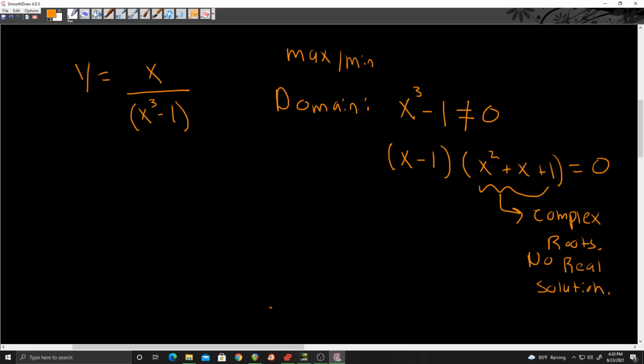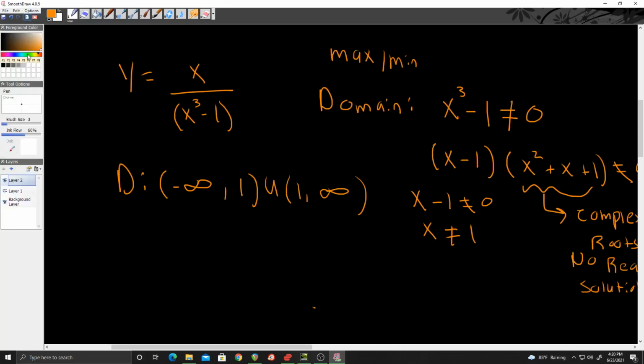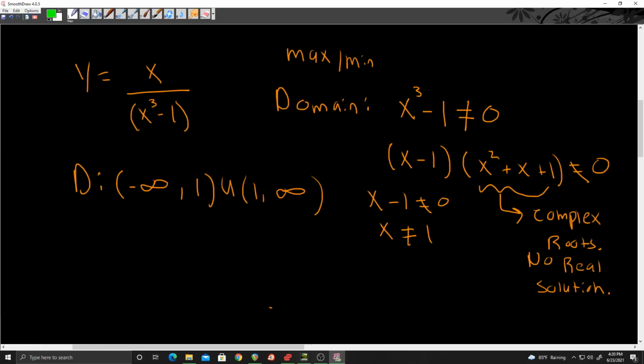So we just have x minus 1 cannot equal 0. Therefore, x cannot equal 1. So our domain is negative infinity to 1 union 1 to infinity. All right. Very cool. So now we have that to work with.